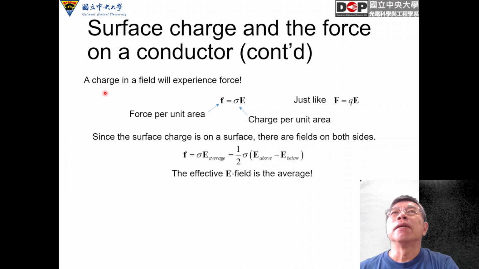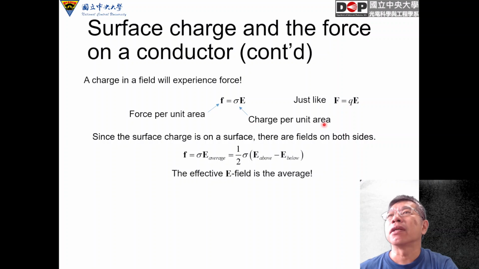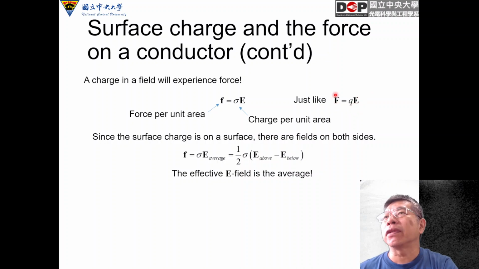Okay, so a charge in a field will experience a force, just like we have. So the force is the surface charge density times the electric field. But remember, this is not charge, it's the surface charge density, or charge per unit area. Earlier, a charge times the electric field gave the force.